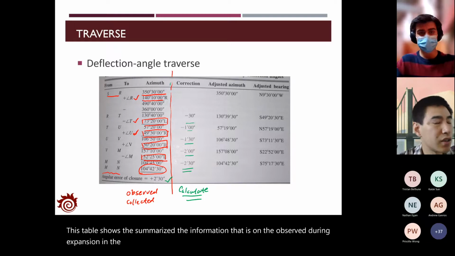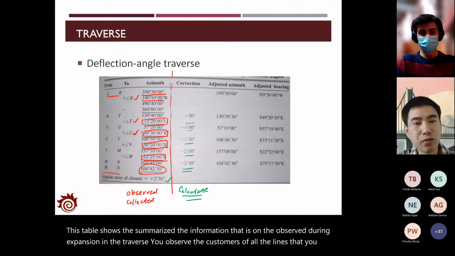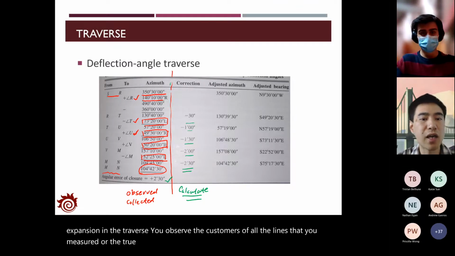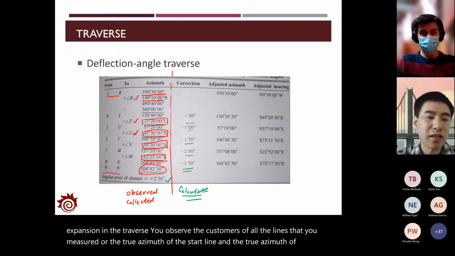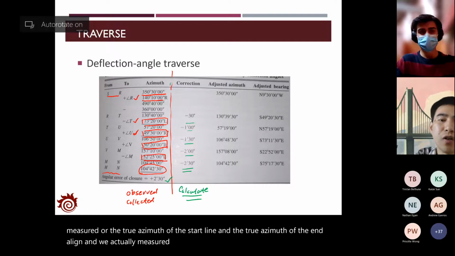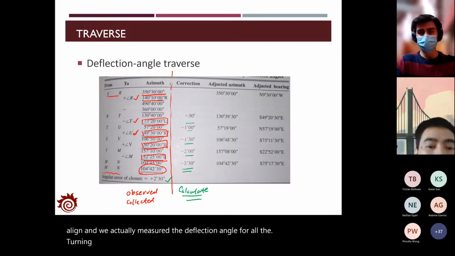You observe the azimuths of all the lines that you measured. You know the true azimuth of the start line and the true azimuth of the end line, and you actually measured the deflection angle for all the turning points. And with that, we have to know how to do the computation.